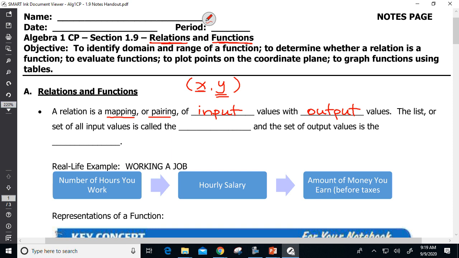The input values are called the domain, and the output values are called the range. Domain normally goes with the x values, and the range goes with the y values.